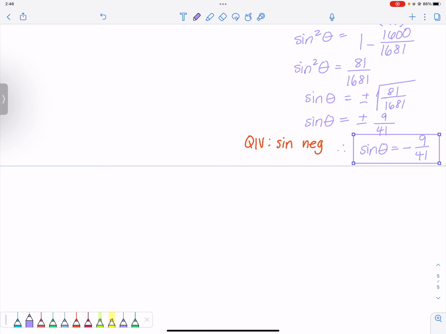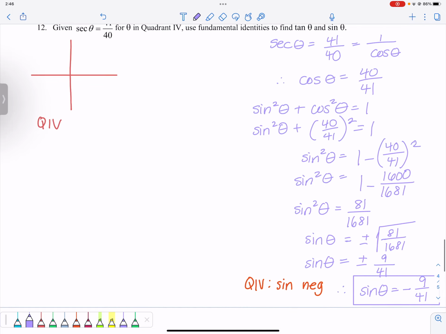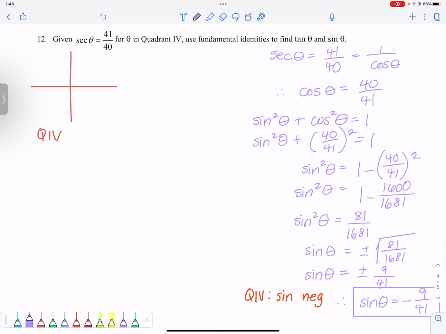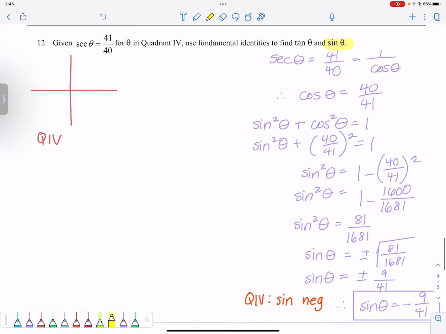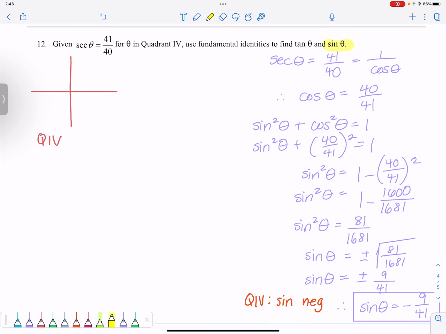Bring that up just a touch. Okay, so we took care of the sine of theta already. Let's go ahead and work on the tangent of theta. Okay, and then I'll show you on the sketch where this theta is equal to that.